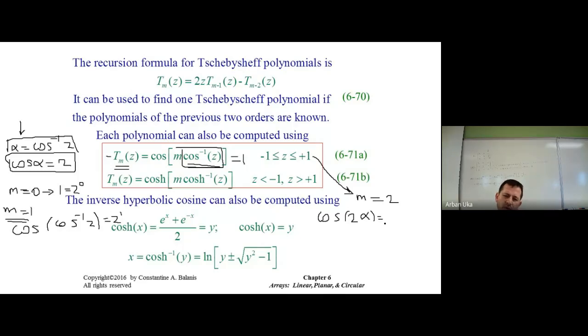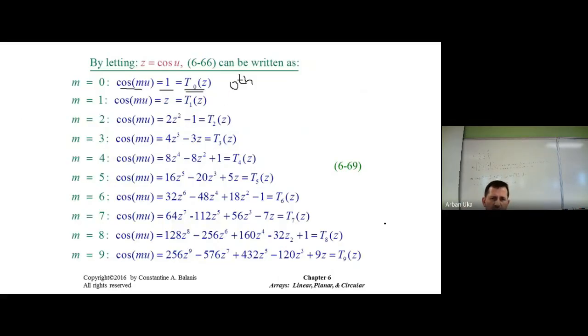Now we know that cosine 2 alpha is equal to 2 cosine square alpha minus 1. Wait a second, let me check that. Yes, it is 2 cosine square minus 1.